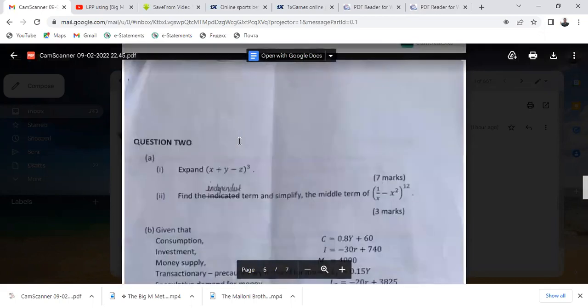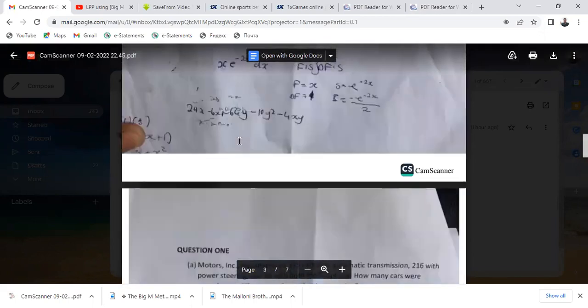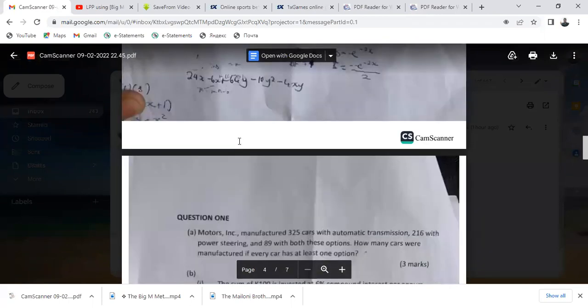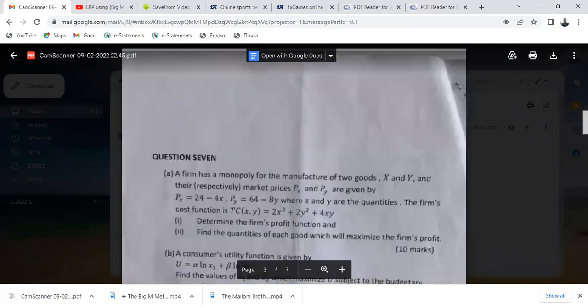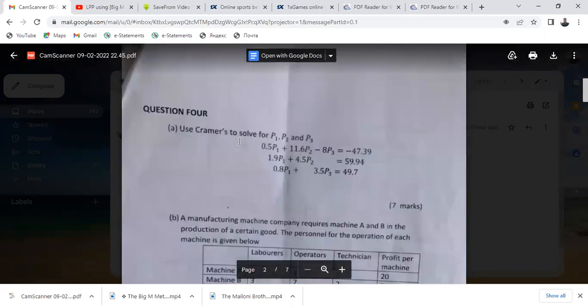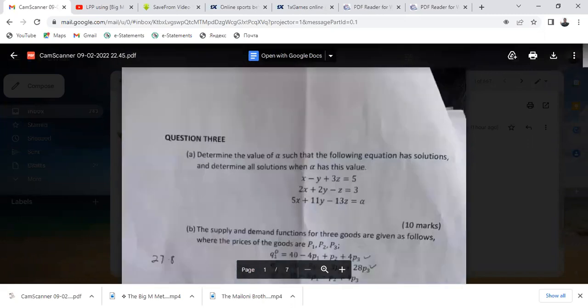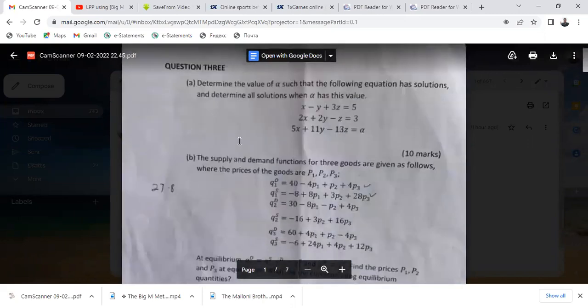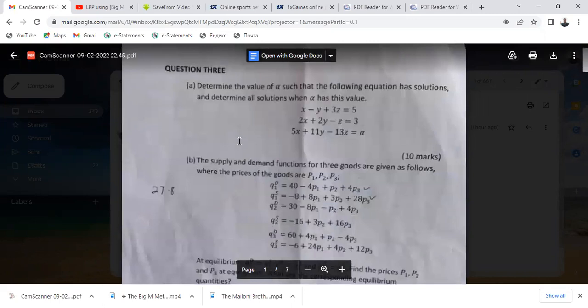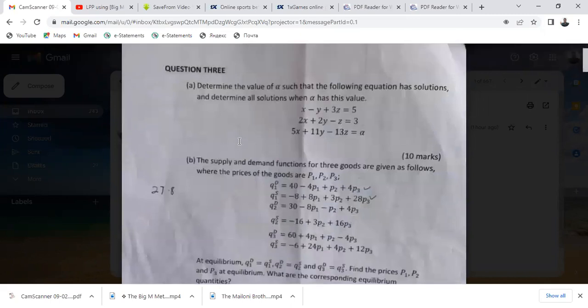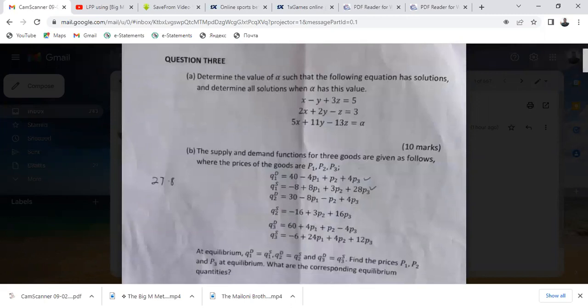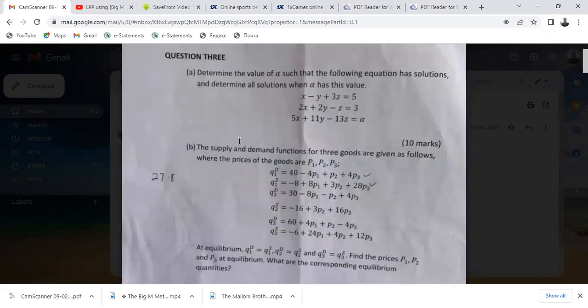We're doing question 2. Where is question 3? Okay, so question 3 is up here. Determine the value of alpha such that the following equation has a solution, and determine the solutions when alpha has this value.